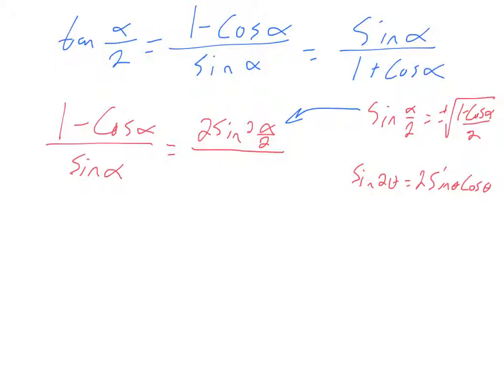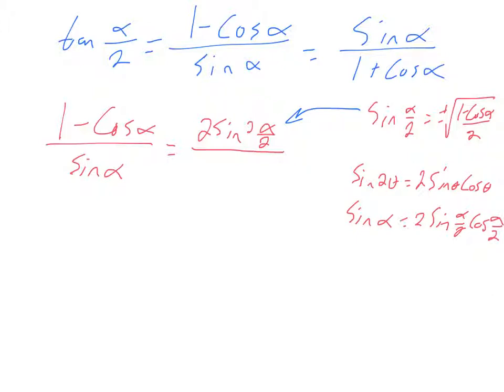If I write this in terms of alpha, let's say alpha is equal to 2 theta, then sine alpha is equal to 2 sine alpha over 2 cosine alpha over 2, doing that same substitution I did before.